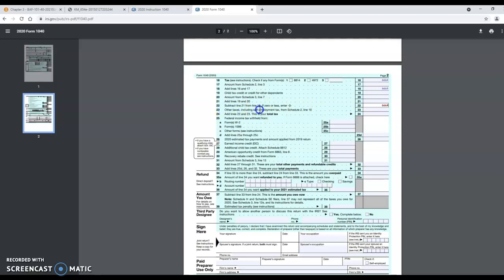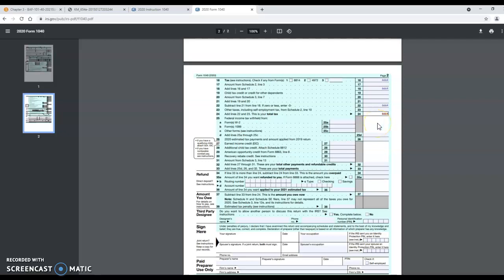Line 23, other taxes, including self-employment tax from Schedule 2. Again, we don't have any other schedules. So add lines 22 and 23. This is your total tax on line 24, 6,664. Okay, so that's his total tax liability for the year for his federal taxes that are going to go to the IRS.